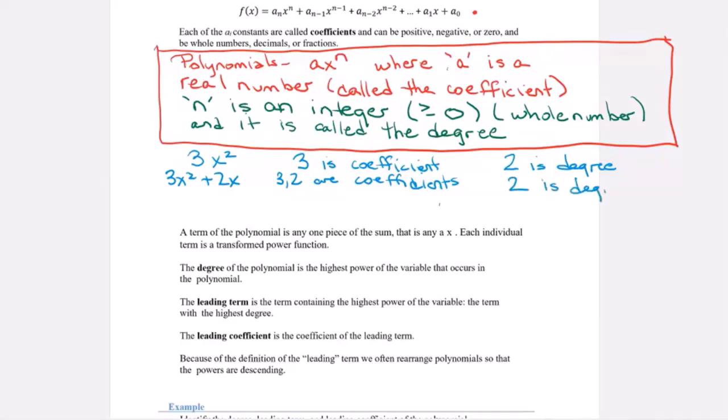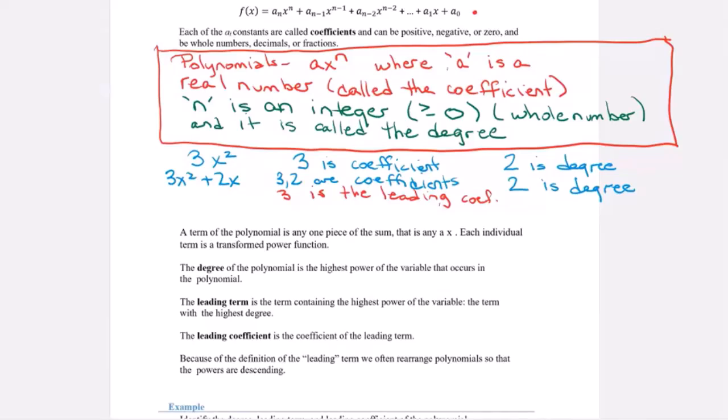The degree is always the largest exponent. And we can also say here that 3 is the leading coefficient.